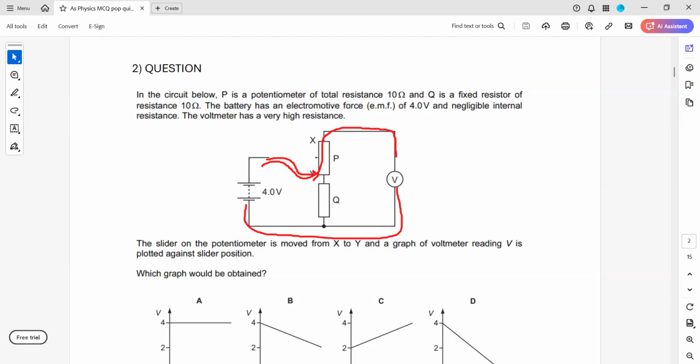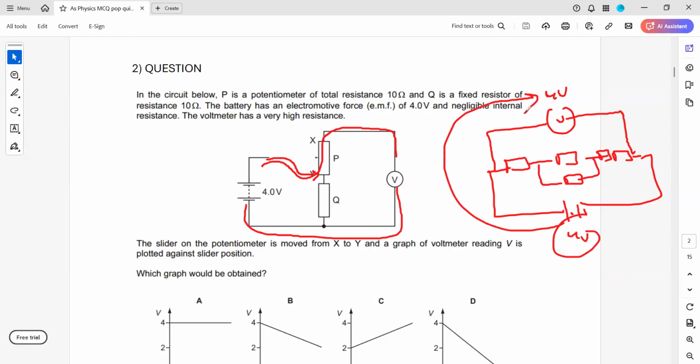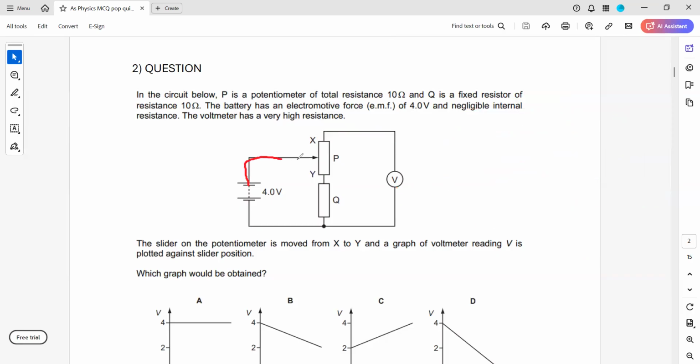So whenever two or more components are connected in parallel, irrespective of their resistance, like I may have 3 resistors, 4 resistors, and I connect a supply of 4 volt and a voltmeter, the voltmeter will always receive 4 volt. Irrespective of how I change the connection here, I might make it another parallel, I may add another series, but because this is in parallel to the supply, it will always receive the same voltage. So same thing happens here, that you have a supply.